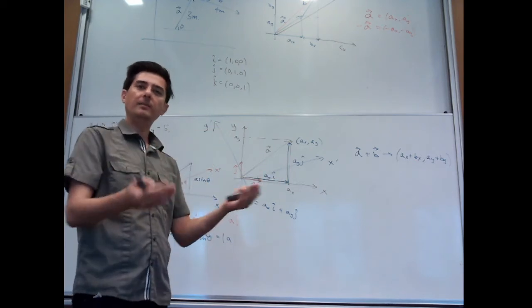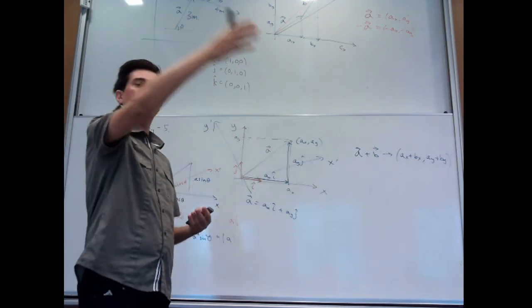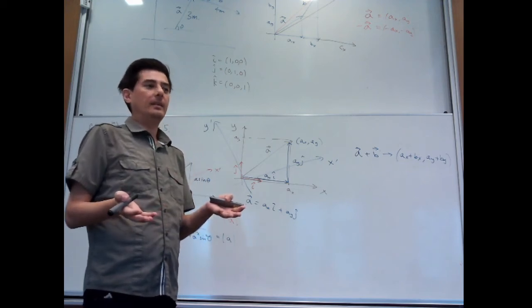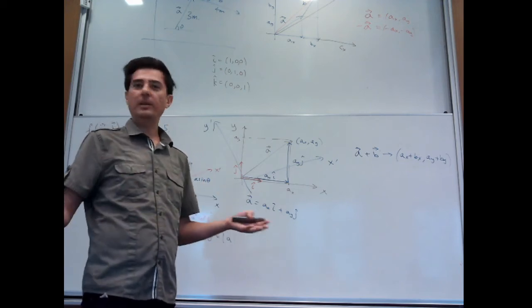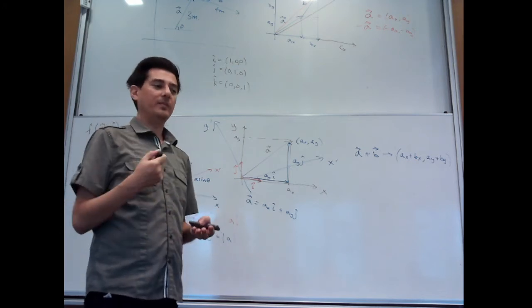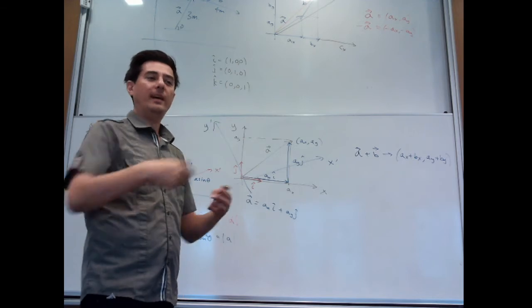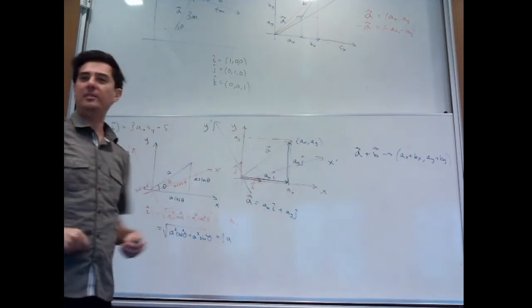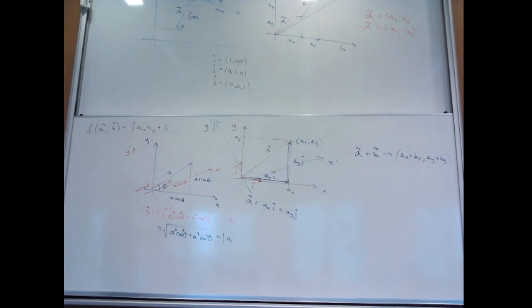But the thing about this formula is that if I calculate it with my coordinate system, I'll get 5, and you'll get 5, and everybody will get 5. That's quite a nice property because it suggests that it has nothing to do with how you measured it, but with the vectors themselves. It's an intrinsic property of them.